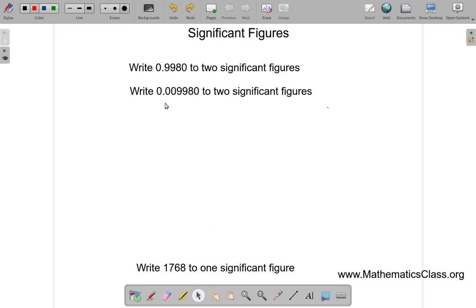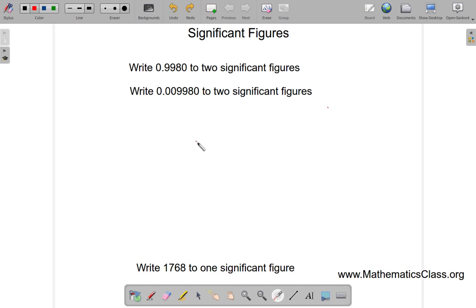This is 0.009980, and you must write it to two significant figures. This is to how many significant figures? It is written to 1, 2, 3, 4, 5, 6. Is that correct?